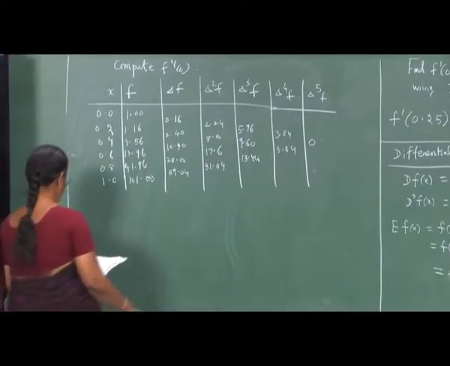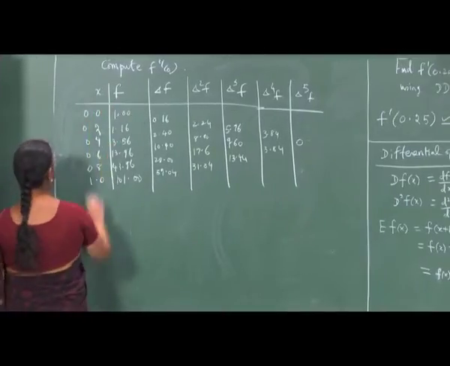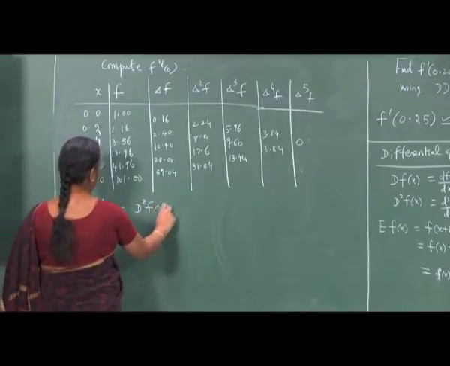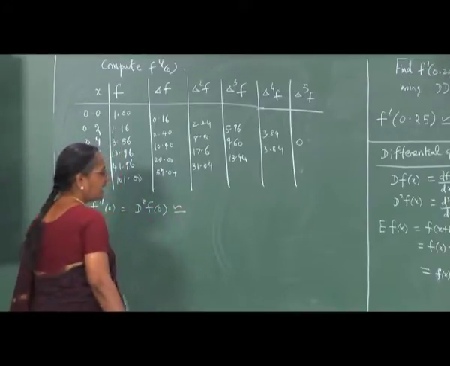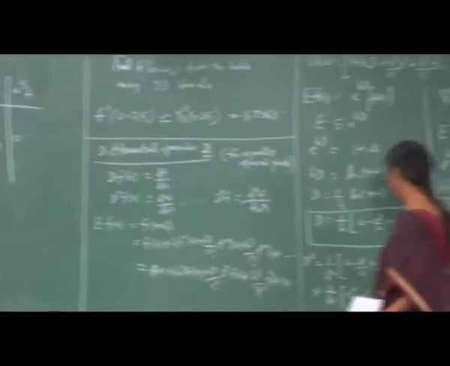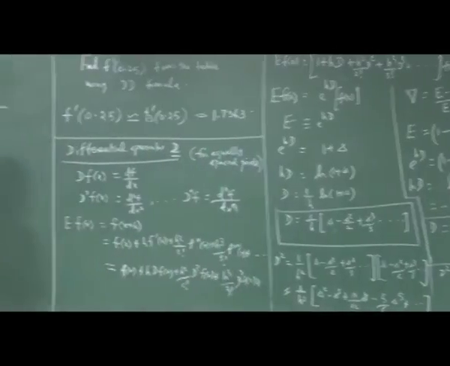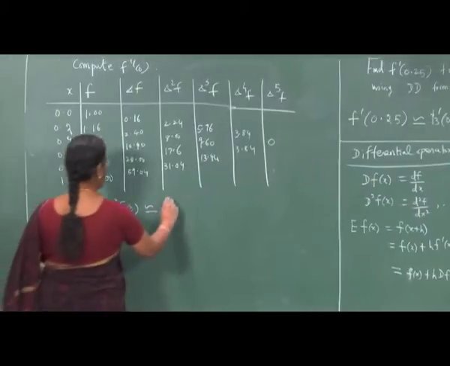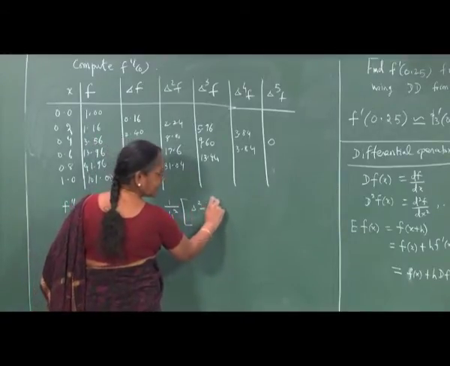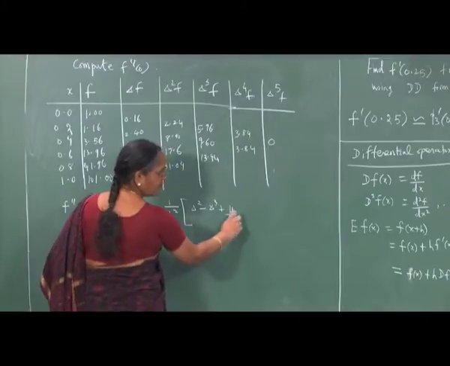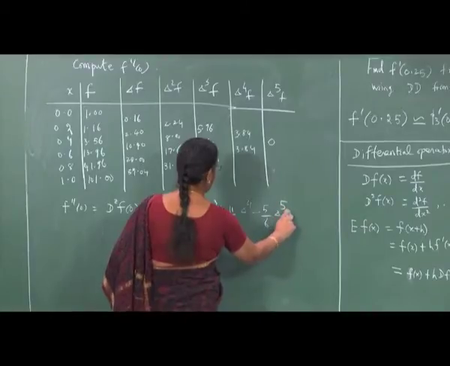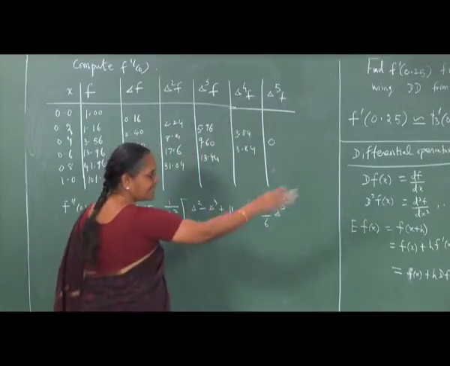So, I require now f'' at 0. So, it is D²f evaluated at 0. An estimate can be got using the forward difference operator, which is (1/h²)(Δ² − Δ³ + 11/12 Δ⁴ − 5/6 Δ⁵ + etc.).